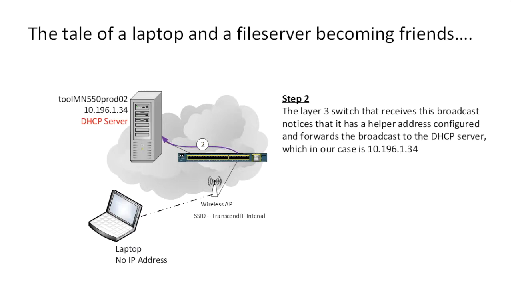That's much further along, when we get into the networking portion of this curriculum. For right now, just realize there is this thing called a helper address configured on this switch, and it exists for the sole purpose of taking that broadcast and sending it off to something that can actually handle it.